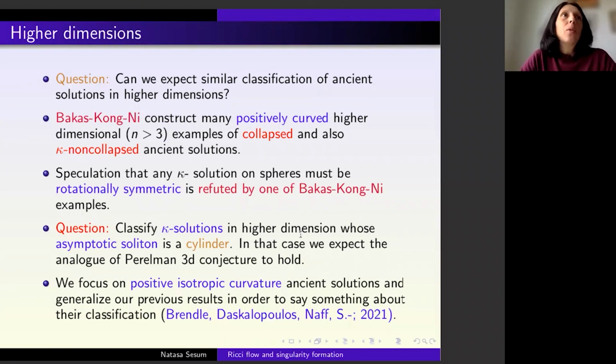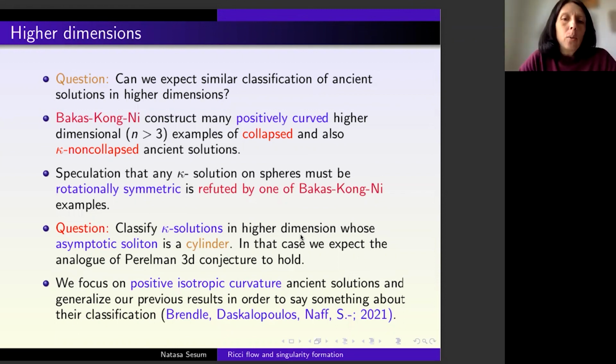There was also a speculation that any kappa solution on spheres in higher dimensions has to be rotationally symmetric, but that was also refuted by one of the examples of Bakas, Kong, and Ni. So this means that even if you assume some natural condition, let's say positive curvature operator, that is essentially not enough to do any kind of classification that we did in the 3D case.